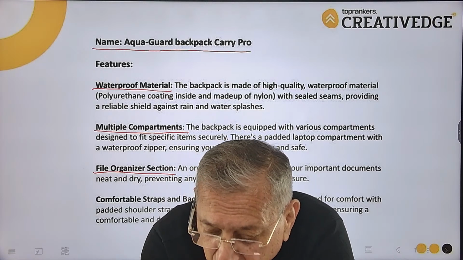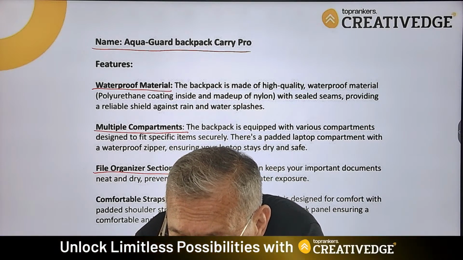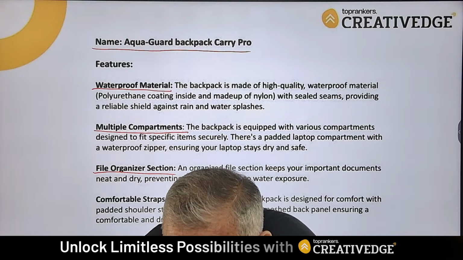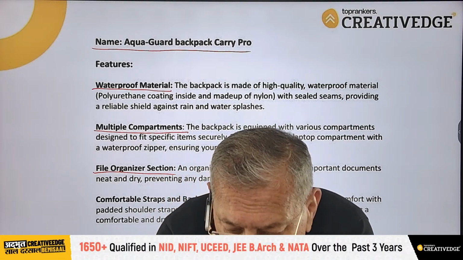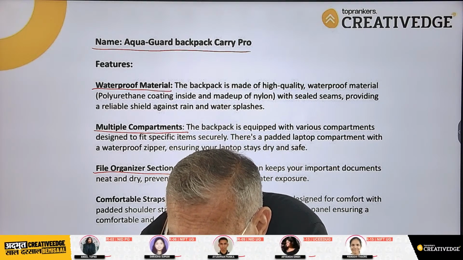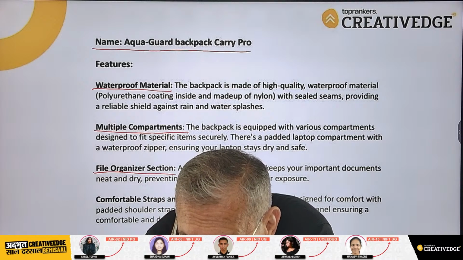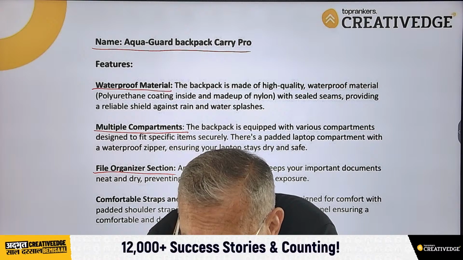Another very important question has come up from Janvi Jade. Sir, what about the shape of the tiffin? Like maybe a flower shaped tiffin with 6 compartments?